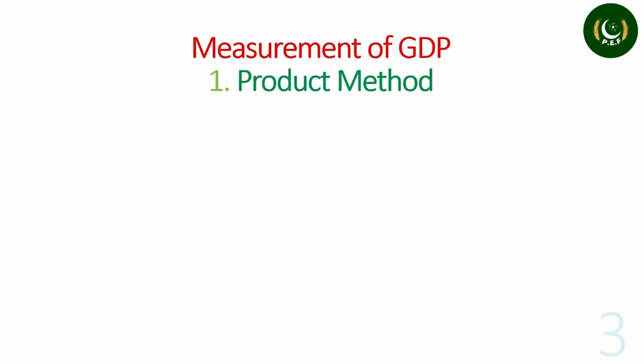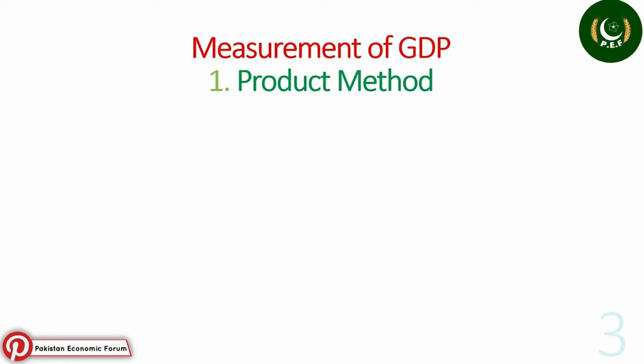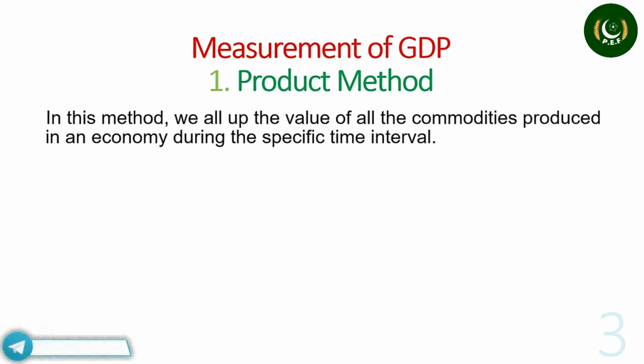First is the product method. In this method, we add up the values of all commodities produced in an economy during the given specific time interval. We use the commonly known definition of GDP, that is, it is the market value of all the goods and services produced in an economy during a given period of time.